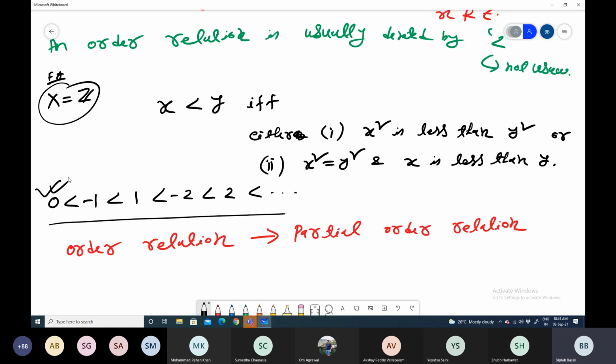Now we are giving a new order here in Z, and we prove that this is an order relation. So we write Z as 0, -1, 1, -2, 2, like this. So in a set Z we are giving a new order. That's all.